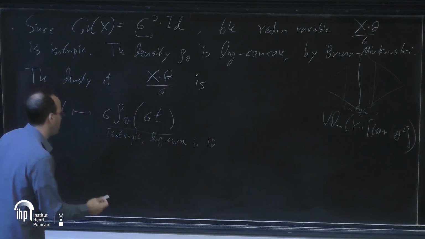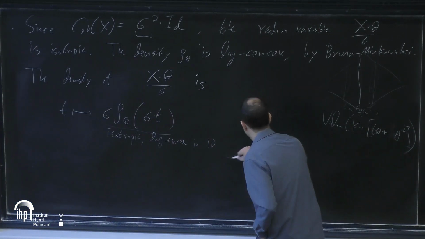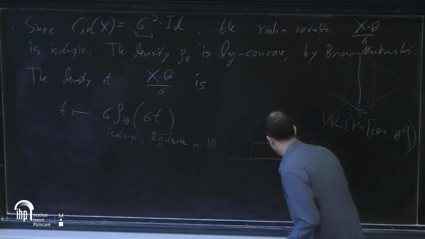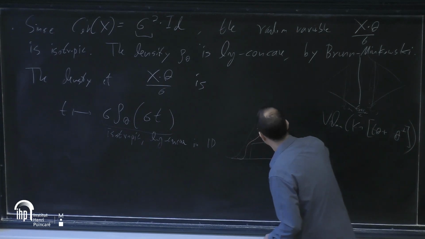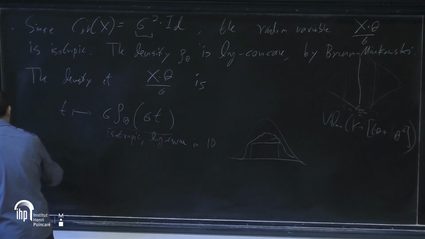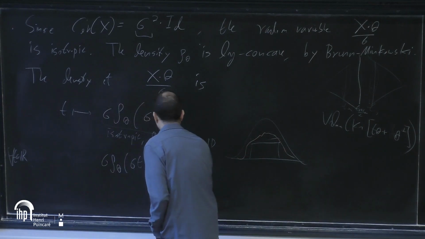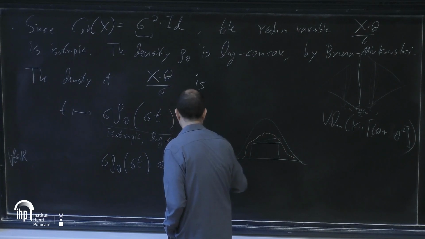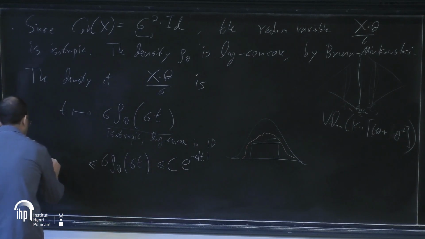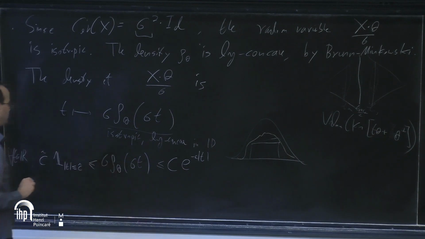So we know that it is bounded by an exponential, and bounded by two things. It passes between these two things. So we know that for any t in R, sigma rho theta of sigma t is between some constant c tilde times e to the minus t and c tilde times the indicator function where t is smaller than c hat, for some universal constants.